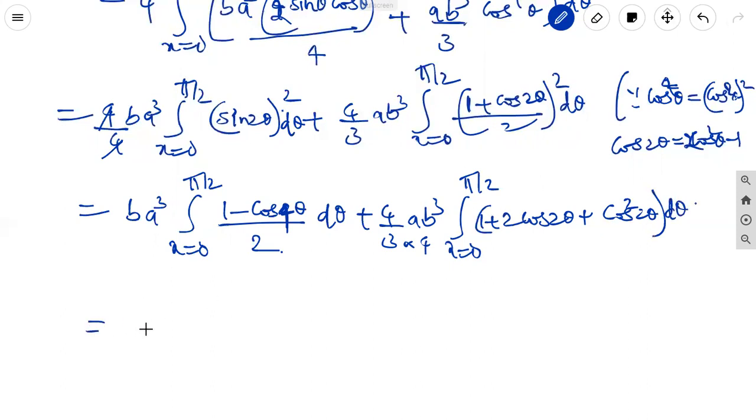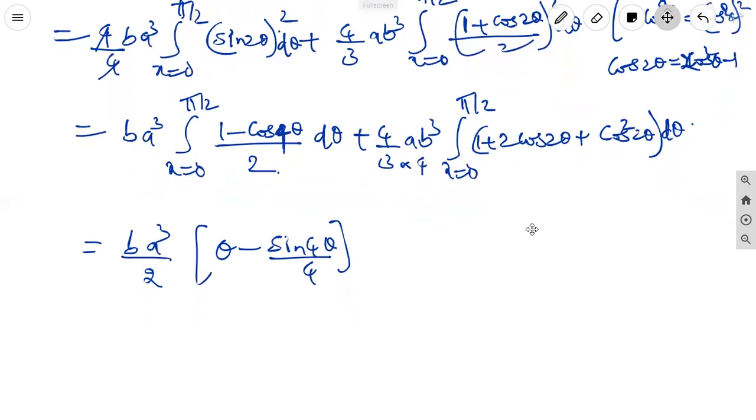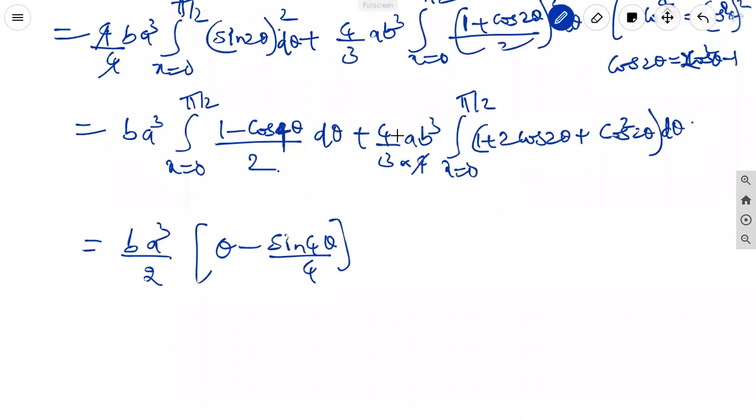It is equal to b a cube by 2 times: integration of 1 is theta, integration of cos 4 theta is sine 4 theta by 4, plus a b cube by 3 times: integration of 1 is theta, plus 2 cos 2 theta whose integration is sine 2 theta by 2.